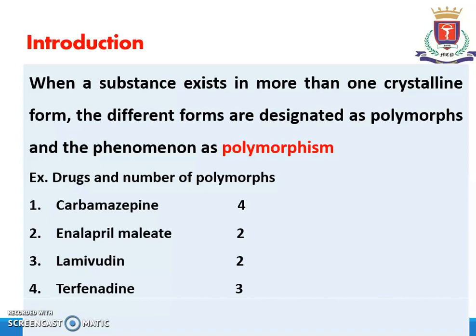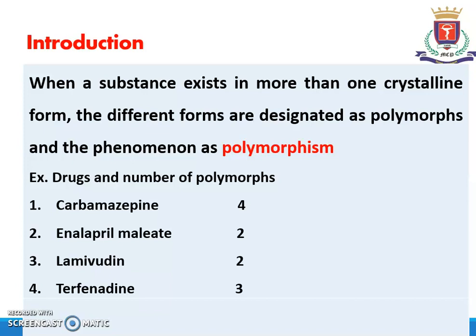What is polymorphism? When a substance exists in more than one crystalline form, the different forms are designated as polymorphs, and the phenomenon is called polymorphism.